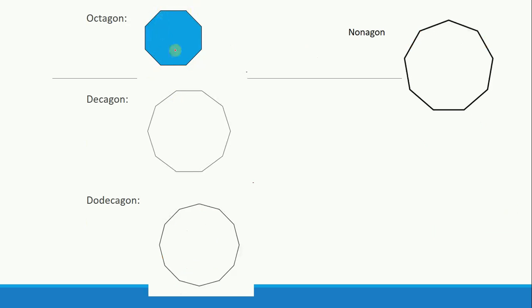Octagon. You guys have seen octagons before. That is 8 sides, the stop sign shape. I can draw in 6 triangles, so that would be 6 times 180. So I will get 1080 degrees.